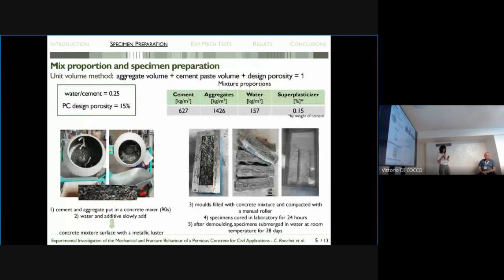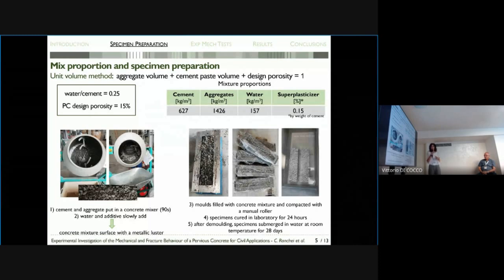The mix proportion employed for specimen preparation is determined by using the so-called unit volume method and by assuming a water-cement ratio of 0.25 and a PC design porosity of 15%. The mixture proportions obtained are those reported in the present table.